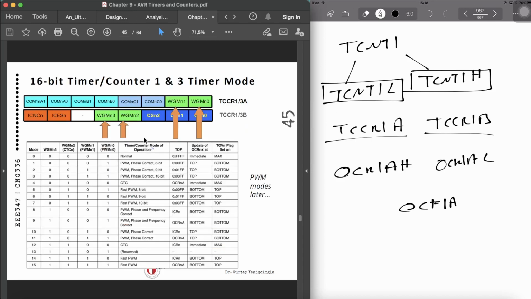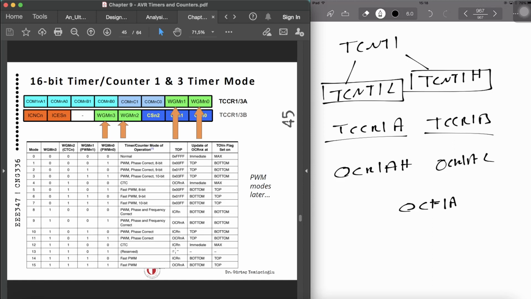The modes for the timer are given, and normal mode and CTC modes are the ones that we use generally. PWMs we are going to see in a different chapter. CTC modes have different options, but they are actually performing similar operations.